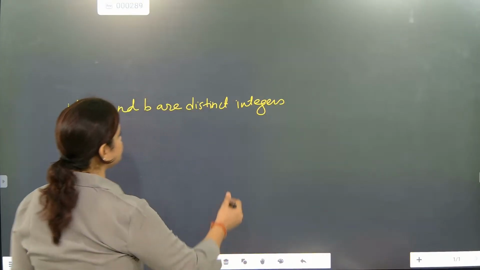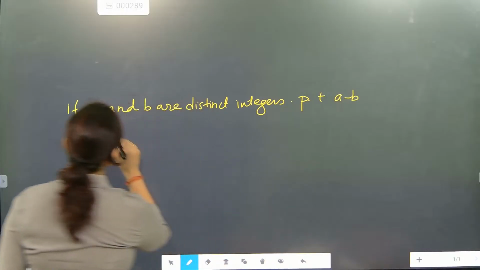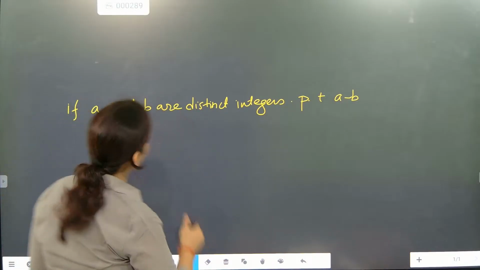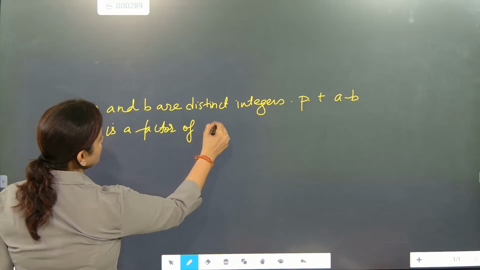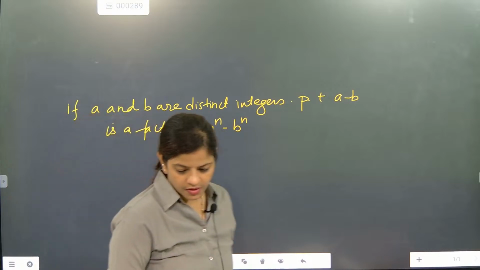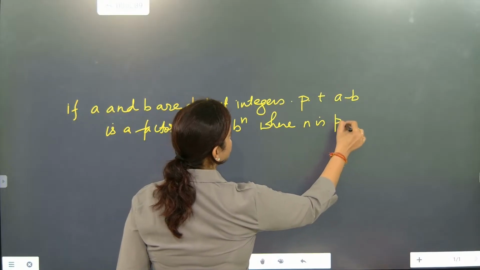Prove that a minus b is a factor of a to the power n minus b to the power n, where n is a positive integer.